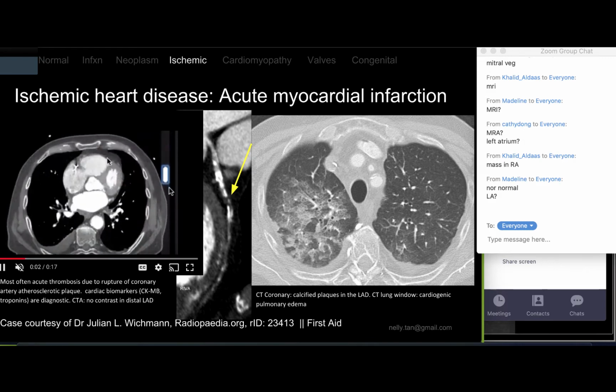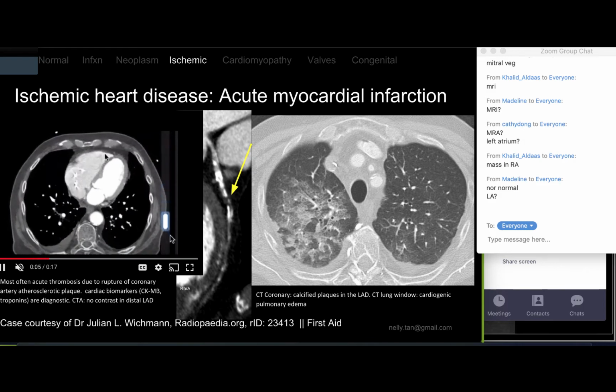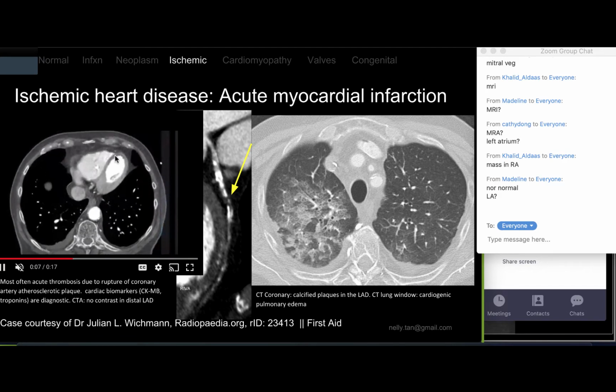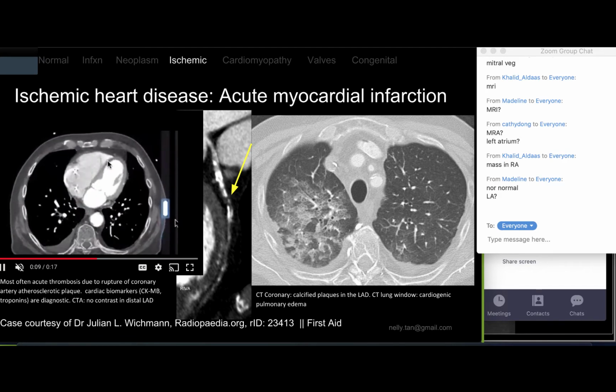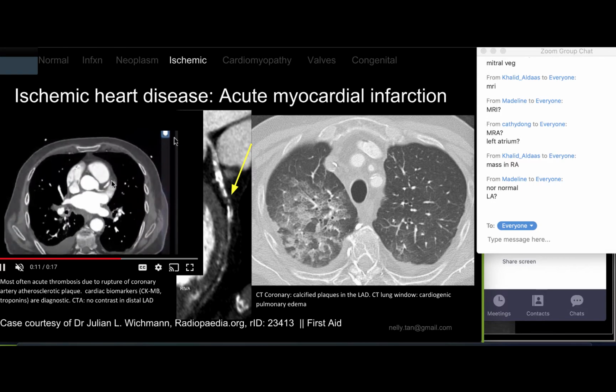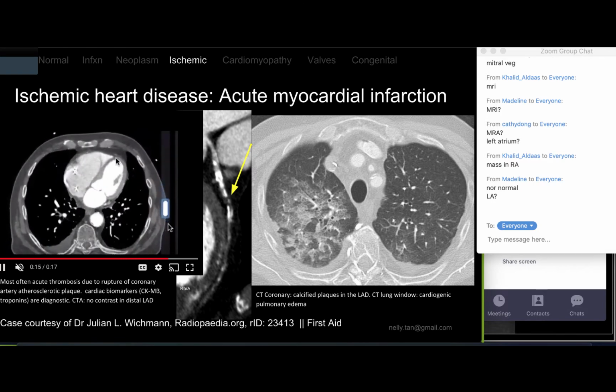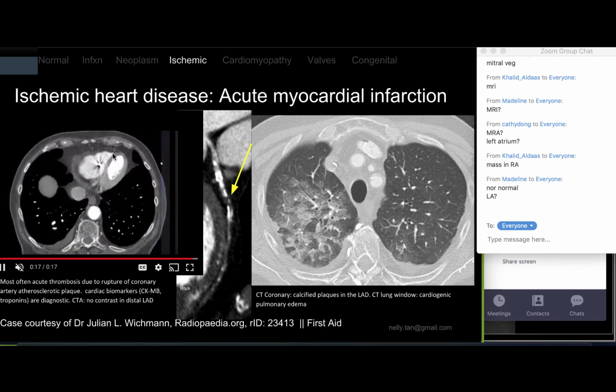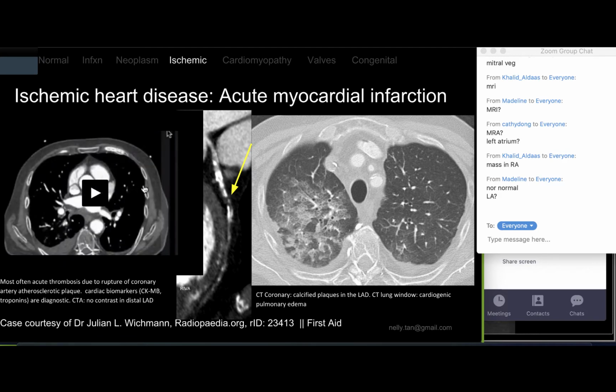It's coming down the LAD groove right here between the right and left ventricle. I'm going to play this multiple times, but in the proximal end you see the contrast in it. But as you keep going, you lose the contrast, right? This is consistent with an acute infarct. It's obstruction of the coronary arteries, which then leads to an infarction.